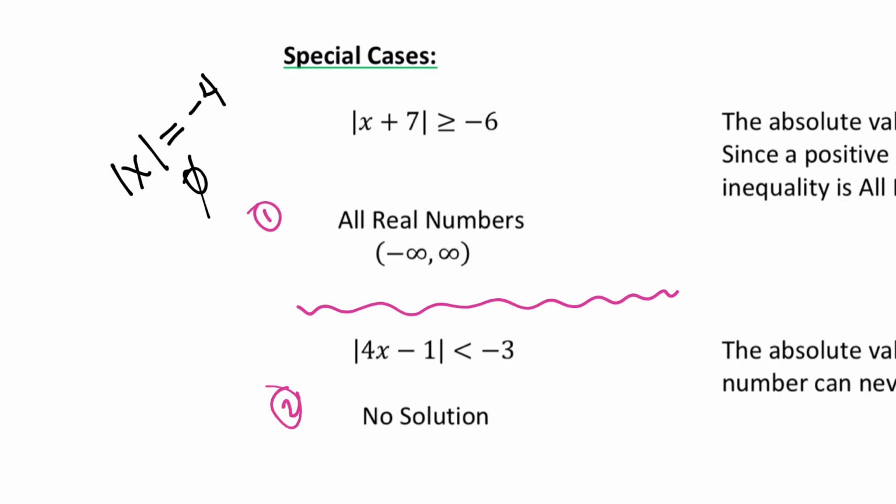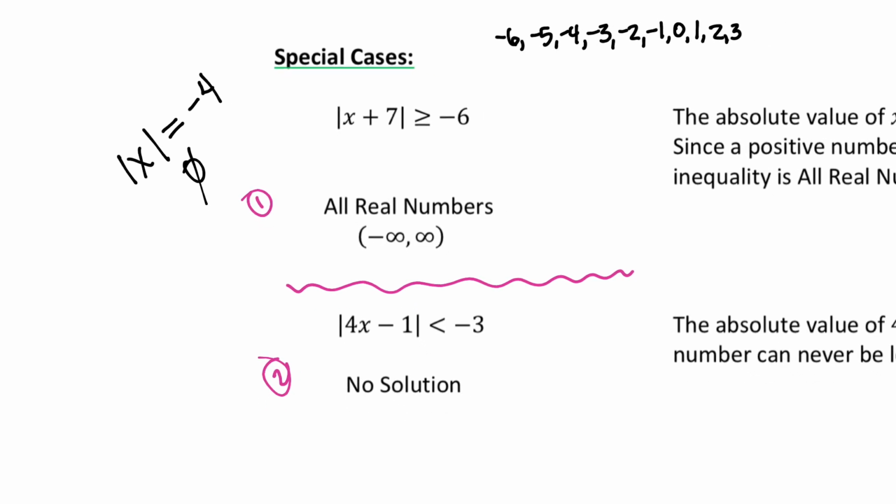Okay, so the first special case, if it's greater than, right here, this means your distance between something and 0 has to be greater than negative 6. Okay, numbers greater than negative 6. And let's just look at integers. Okay, so greater than or equal to, because it says it can be. All of these numbers are greater than or equal to negative 6. But now look, I'm getting into the positives.